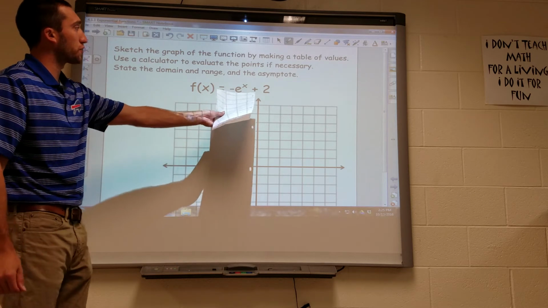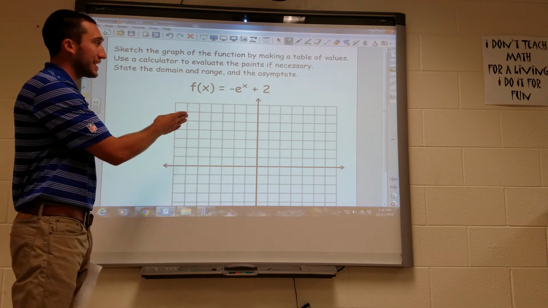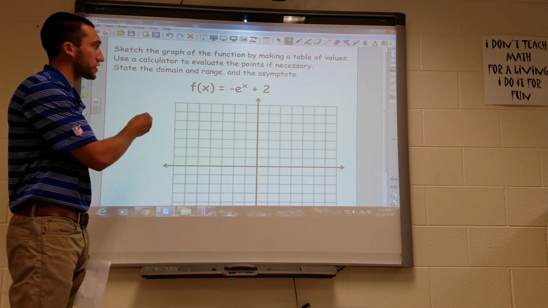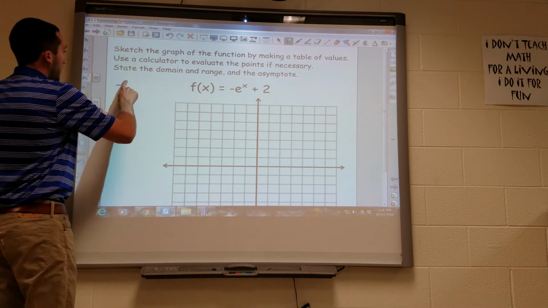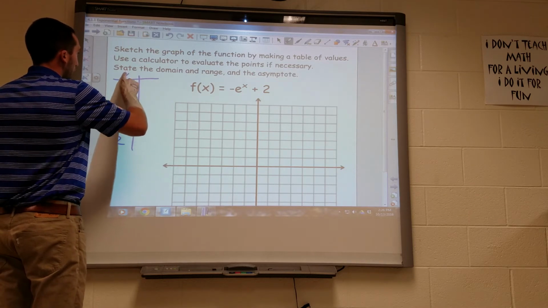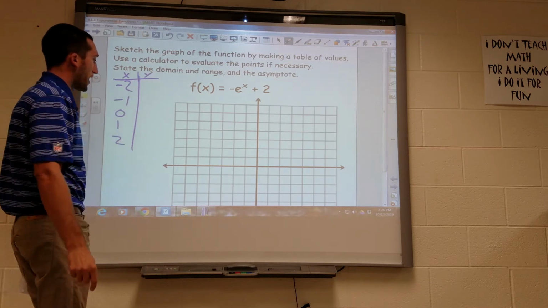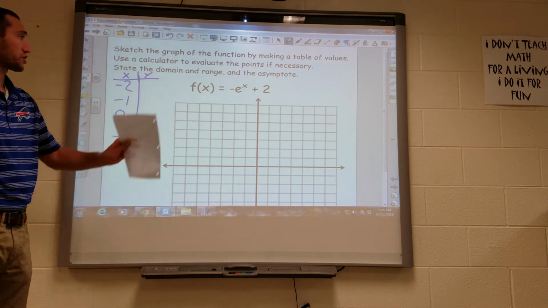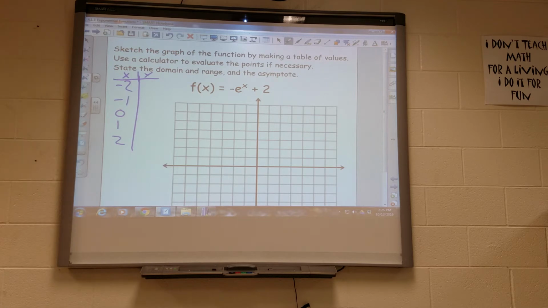So I'm just going to show you real quick how you could type e into your calculator so you could find these values. But again, we're going to start at the same starting point around the y-axis. So I have the answers, but I'm going to show you how I got them real quick.